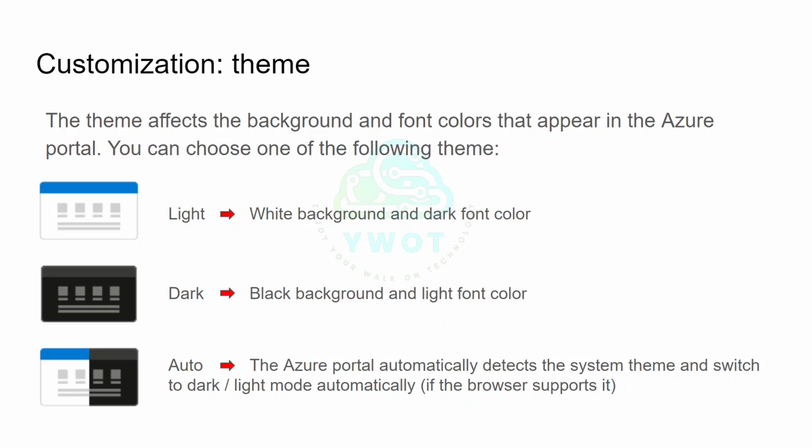Or we can choose the dark theme, and in this case the Azure portal will be with a black background and a light font color. Or we can choose auto, and in this case the Azure portal automatically detects the system theme and switch to dark light mode automatically, obviously only if the browser supports it.